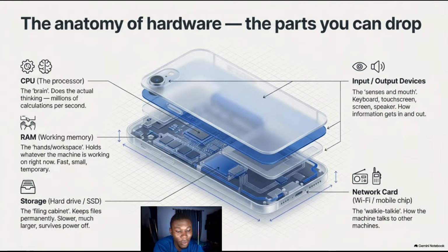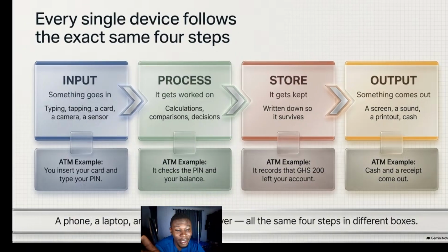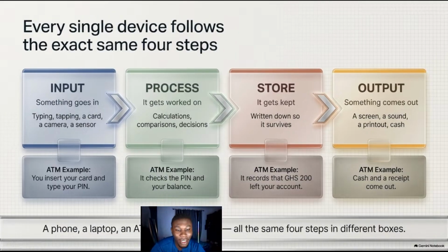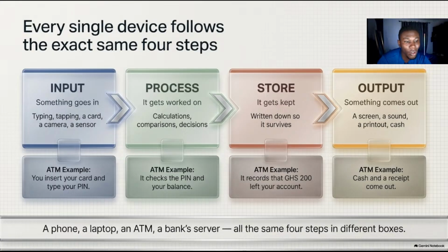And you know the storage already, I won't talk about it. So you know input, process, store, and output. That's how ATMs work. When you go to the banks, not everything is that simple. It is input, process, store, and output.